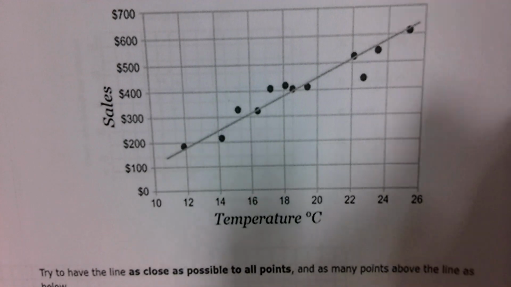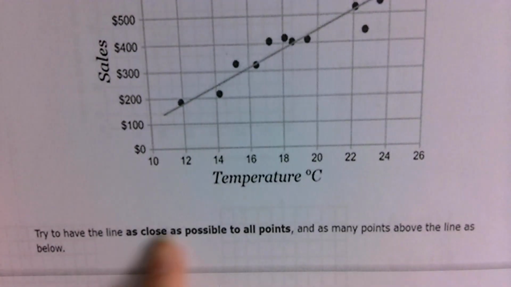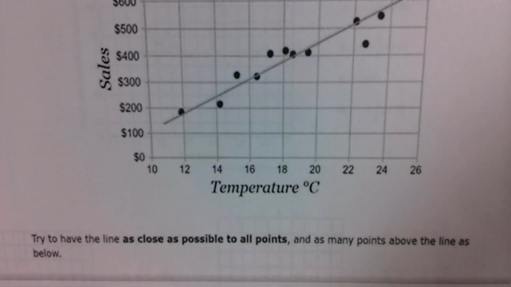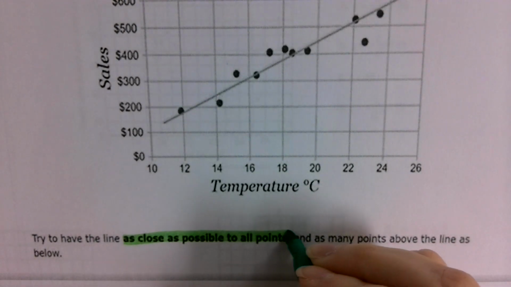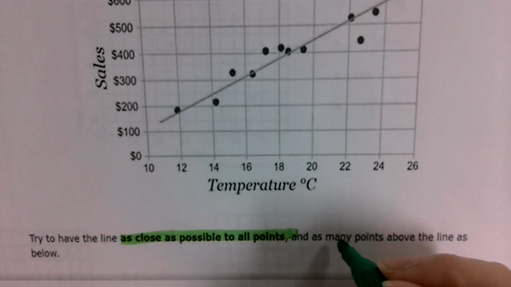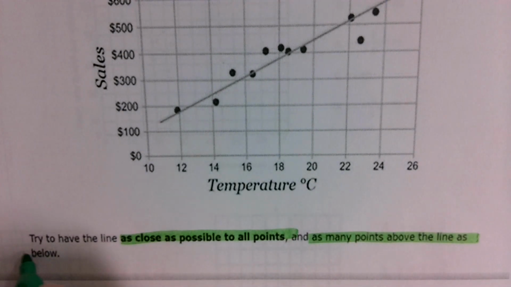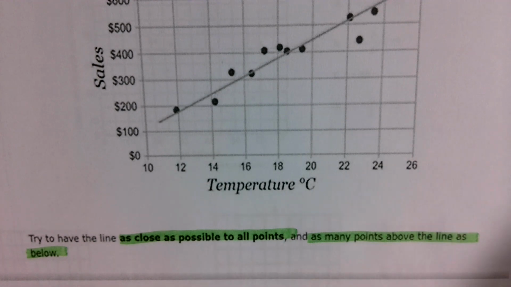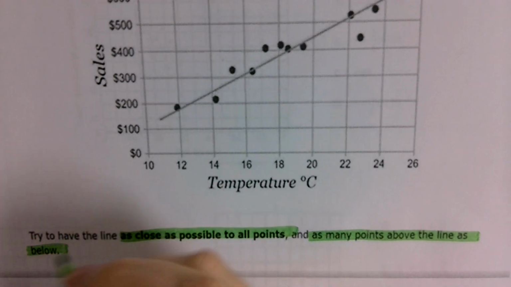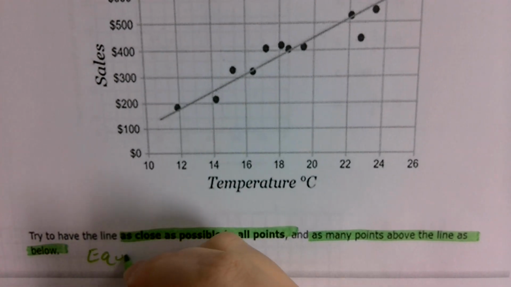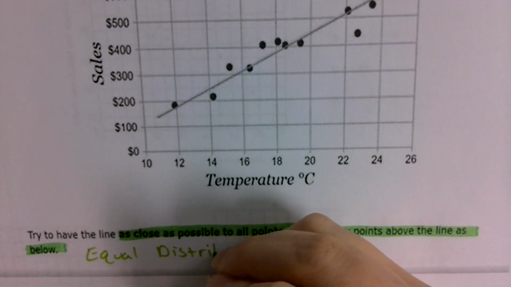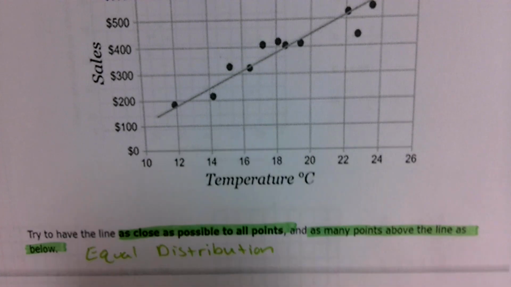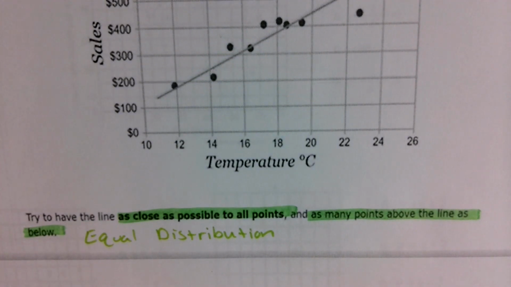You might want to highlight this piece of information right here: it's as close as possible to all the points, and you have as many points above the line as below. We call that an equal distribution. That's really important to make sure of.